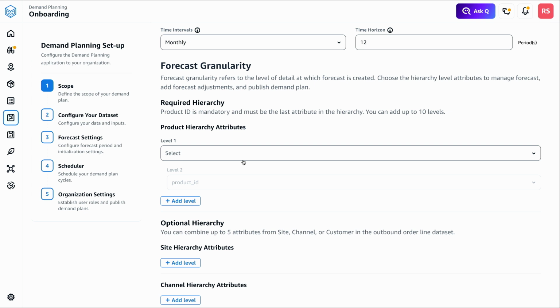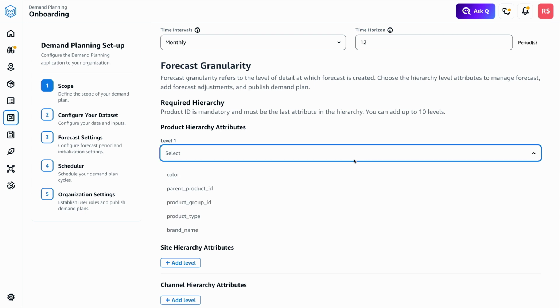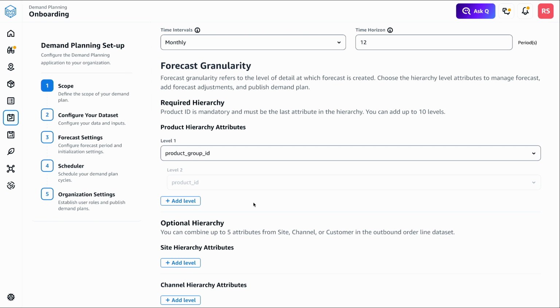Typically, across all industries, you will have a categorization of how you define the product hierarchy, with multiple levels. Within AWS Supply Chain's demand planning capability, you have the option to model up to 10 levels. For our demonstration purposes, I'm going to stick with just 2 levels, product group ID and product ID.